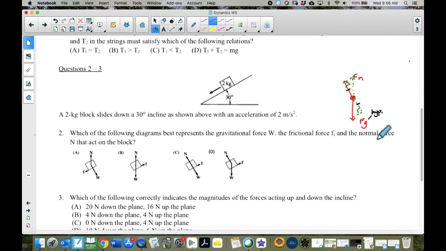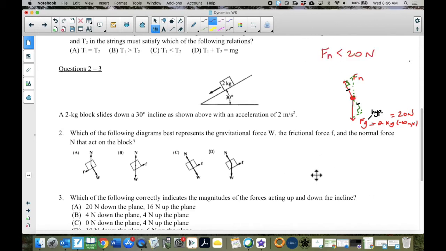Because it is a 2 kilogram block, the force of gravity, or the weight in this case, is 2 kilograms times negative 10 meters per second squared, and so this is 20 newtons. So again, when we go up to the top, the normal force is not 20 newtons. The normal force is less than 20 newtons.